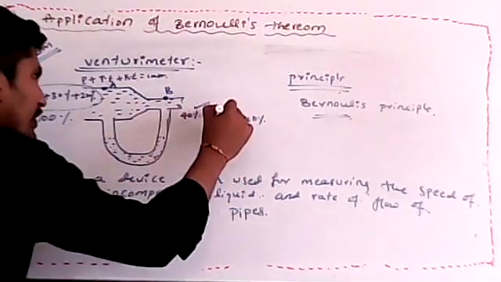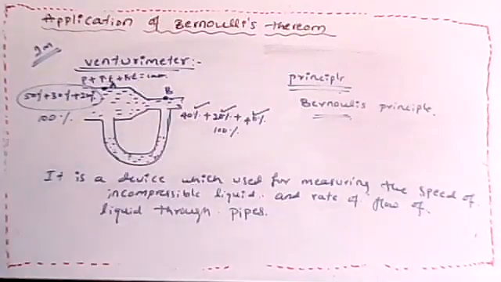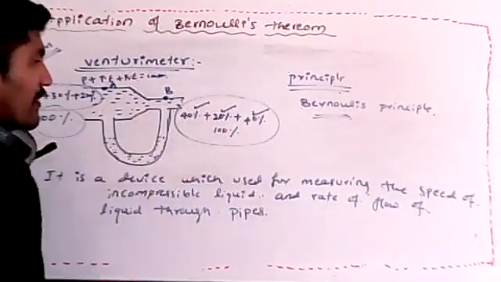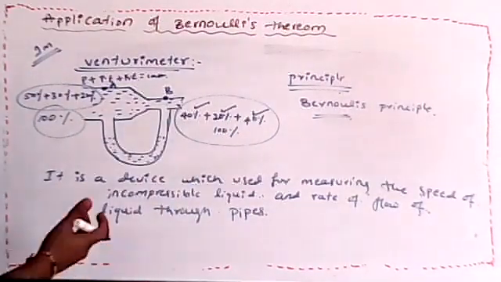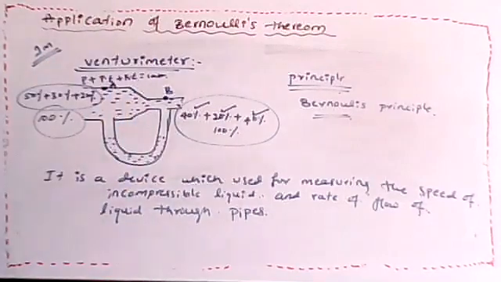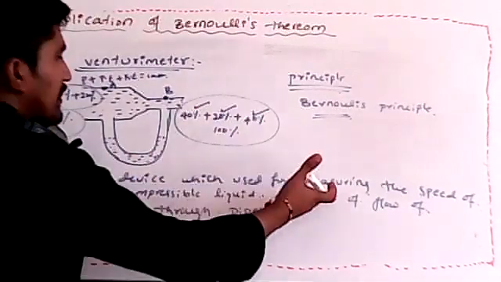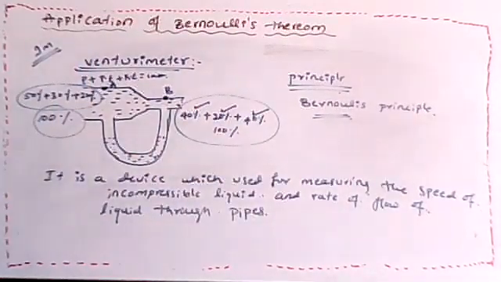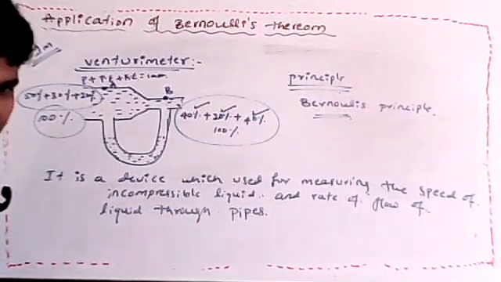The ratio of individual energy will be different, but the total energy will not be disturbed. That is nothing but conservation of energy. It tells us that pressure energy, potential energy, and kinetic energy over the rate of flow of liquid remain constant throughout the area. That's why we use a venturimeter to measure the speed of an incompressible liquid. Is it okay, students?